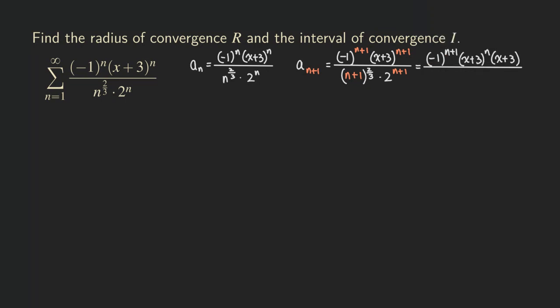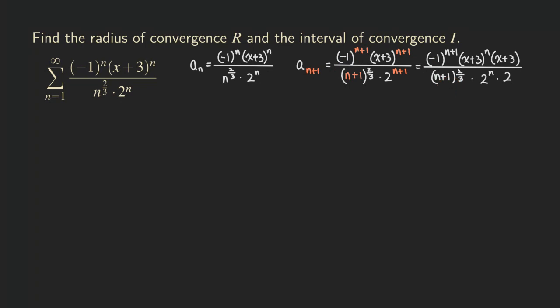At the bottom we get n plus 1 to the 2 over 3 times 2 to the n times 2 to the first. Usually we can try breaking things up so that when we put them together, we can do the canceling really quickly.